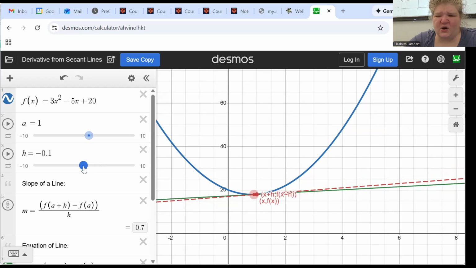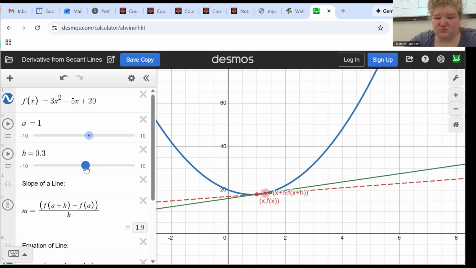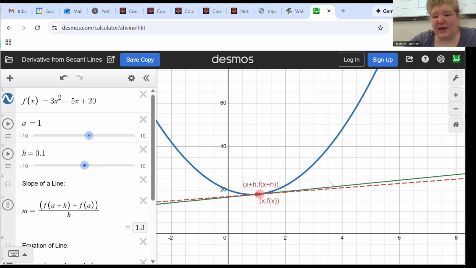All right, so I know this slope. And then on the other side, I got 0.7, and then 1.3. So maybe that slope is about 1. Now, I know you may be looking at the graph and thinking a slope of 1 is not like this. A slope of 1 should be a 45-degree angle.